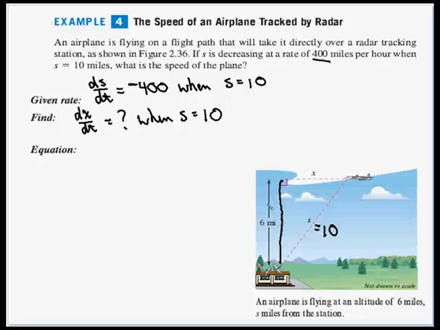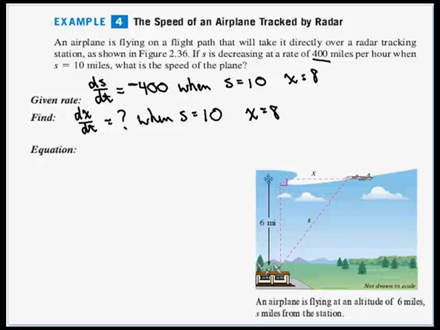So if this side of the triangle is 6 and the hypotenuse is 10, what is the side x going to be? It's a 3, 4, 5 triangle, and if we multiply our 3, 4, 5 by 2, we get a 6, 8, 10. So our snapshot in time is when S is equal to 10, and also when x equals 8.